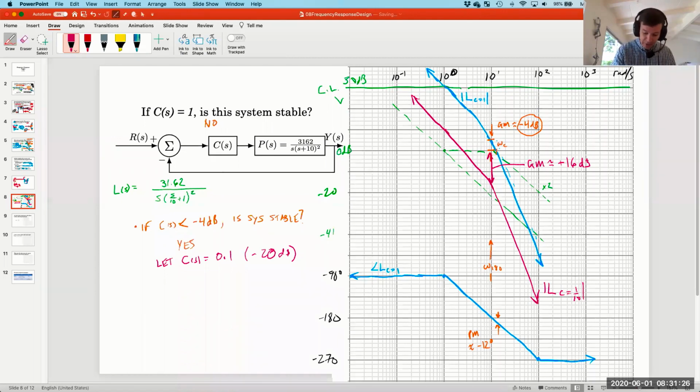And I hope you'll also see that the omega crossover has moved to a lower frequency. And if I move the crossover frequency to a lower value, the phase plot is magically above negative 180. So now the phase margin in pink is huge. It's probably 50 degrees, 55 degrees positive.